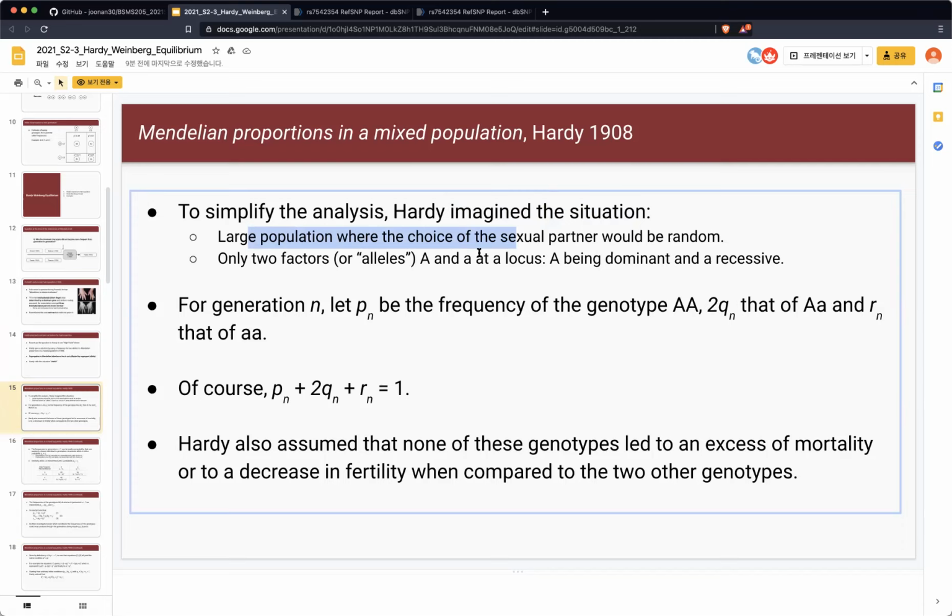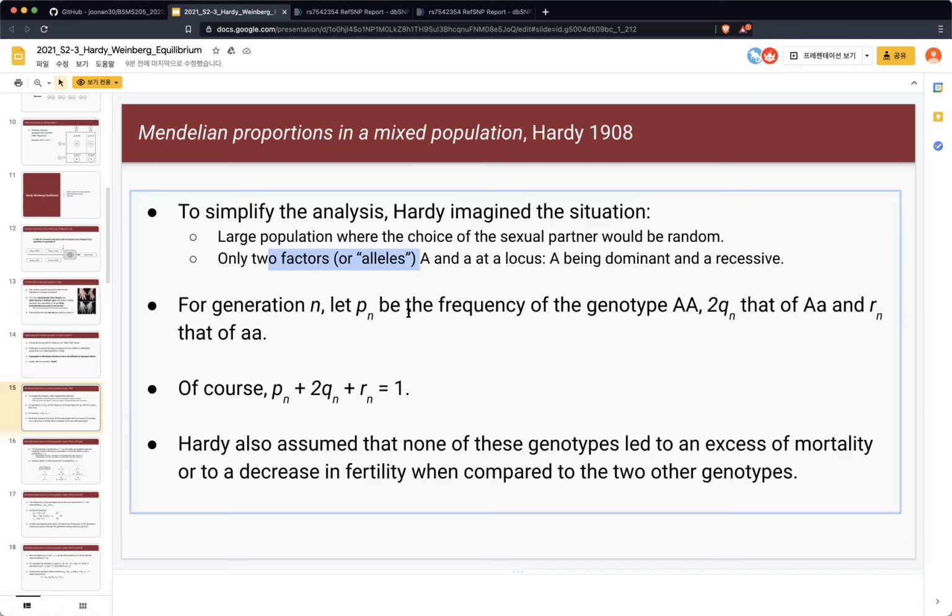The other assumption is that at the single locus there should be only two factors, which are the alleles. In some cases a locus has three alleles, or four, or ten. So it has to be only two alleles at the locus.